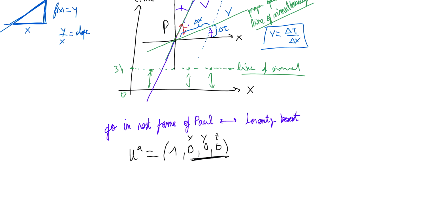In the rest frame of Paul, he is not moving in space, he is fully moving in time. That's what is meant by going in the rest frame of Paul. I needed to add this point: in your rest frame, the world is moving around you, but you're not. It's just a matter of point of view.